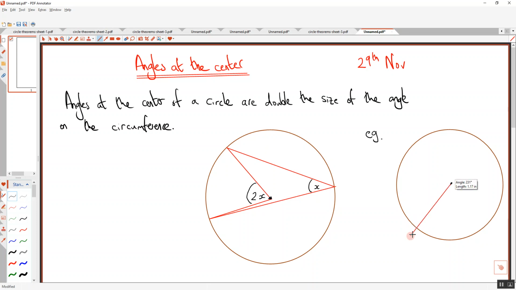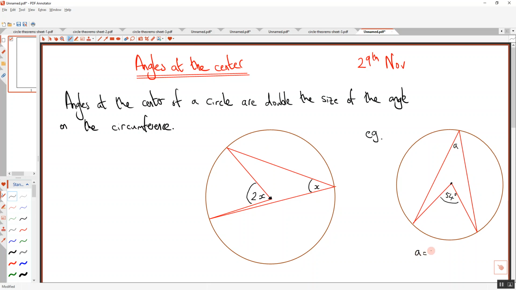So just an example with a couple of numbers just to show. If this angle is 54 degrees, and I have to work out this angle, what will it be? 27.